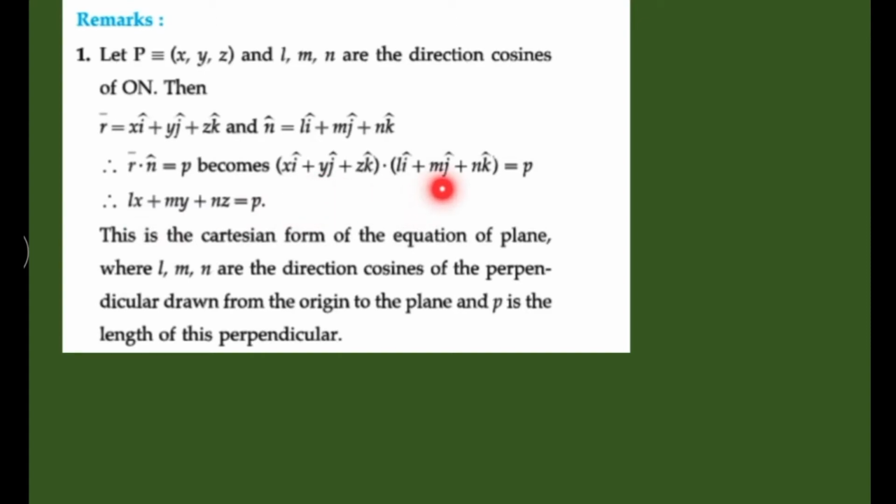Then y into m, so we write my because j dot j is 1. Then zn, that is nz, k dot k is 1, so we write nz, and RHS p as it is. So this is the Cartesian form of the equation of plane, where L, M, N are the direction cosines of the perpendicular drawn from the origin to the plane, and p is the length of this perpendicular. So this is Cartesian form.